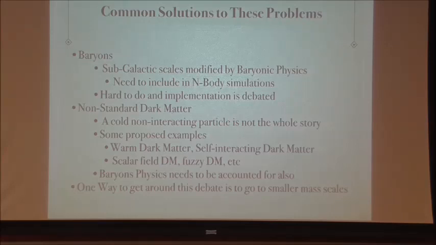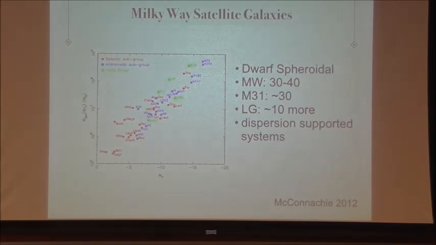So this comes back to the Milky Way satellite galaxies. This is my bread and butter. This is just a brief overview of these galaxies. They span a wide range of luminosities, a wide range of dynamical masses, and a wide range of half-light radii. I'll expand on this later.